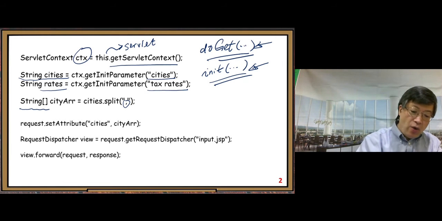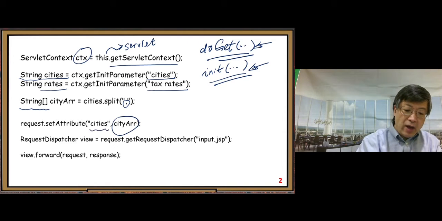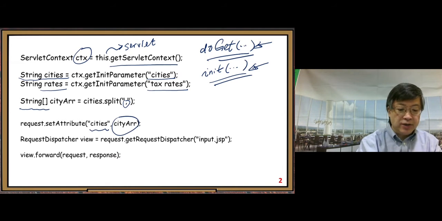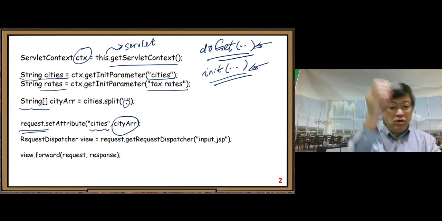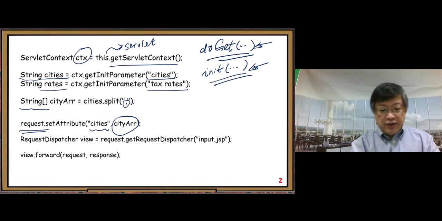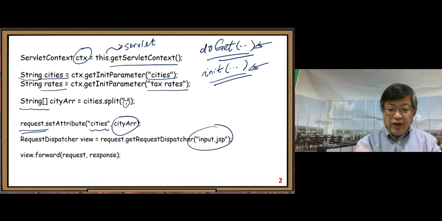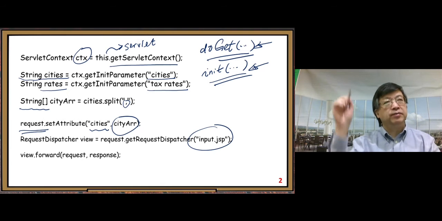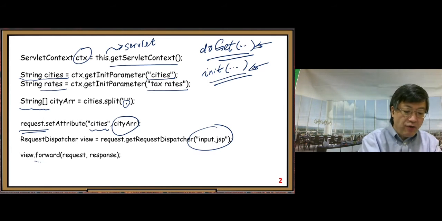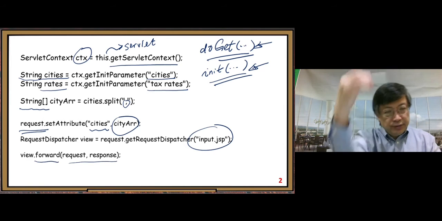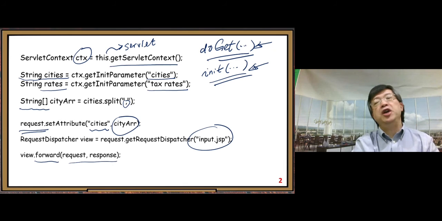Then we store the city string array under the attribute key cities in the request scope. Then we use the request dispatcher, since we need to display it in the input.jsp, and use the forward method to send it to input.jsp.